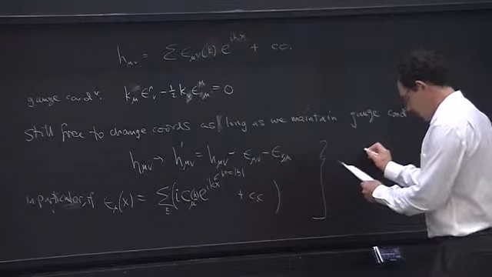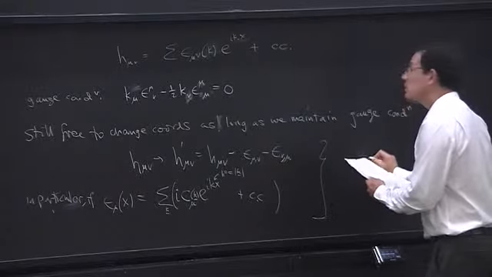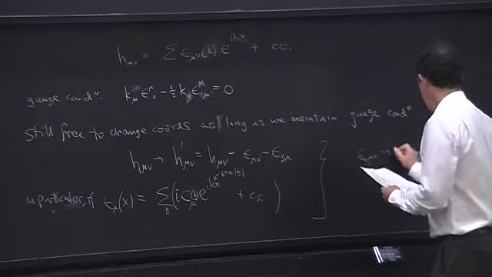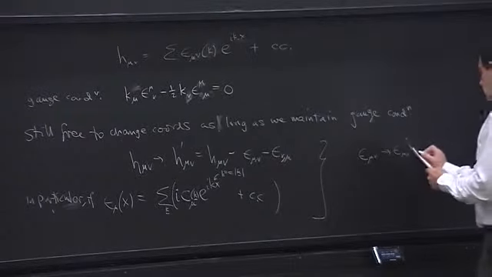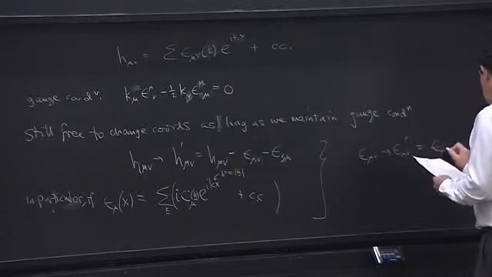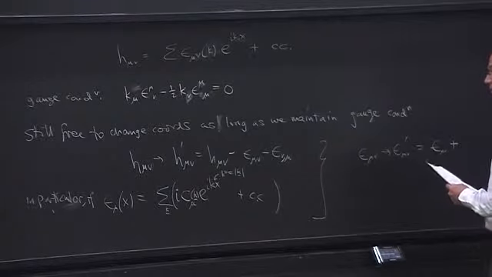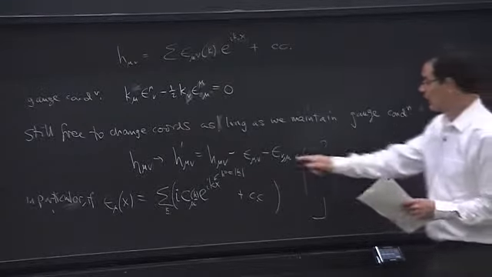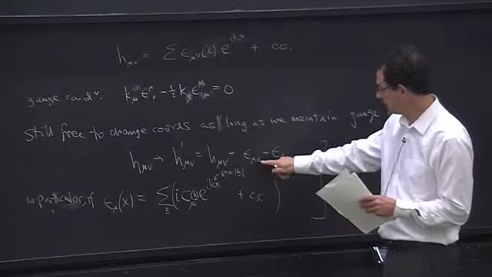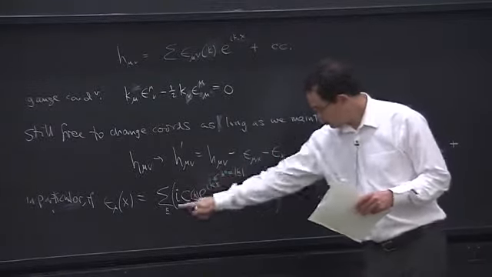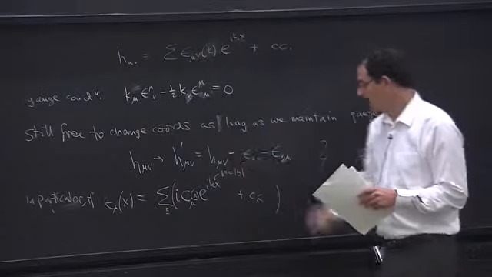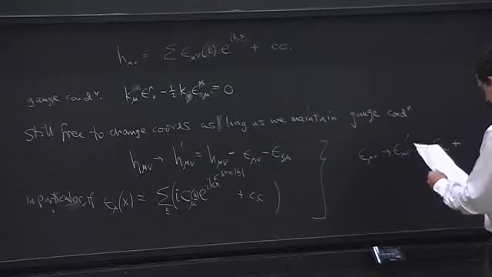So this has the effect that epsilon mu nu goes to epsilon mu nu prime, which is epsilon mu nu plus, you see when I differentiate, I'm going to get an i k nu, and then that i multiplied by this i will give a minus sign, and that'll cancel that minus sign.